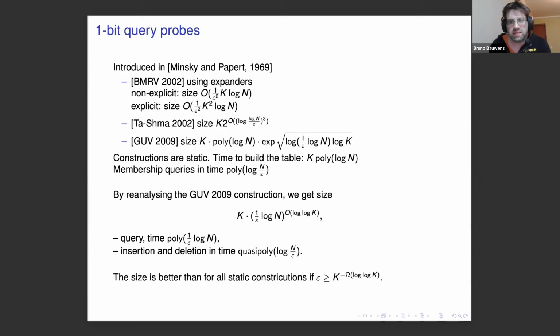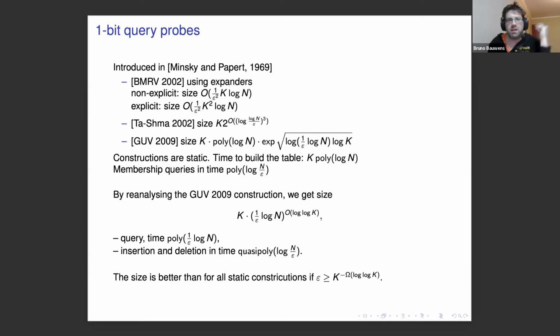That means unless epsilon is extremely small, our size is the best in asymptotic notation. And it's still a one-bit query.